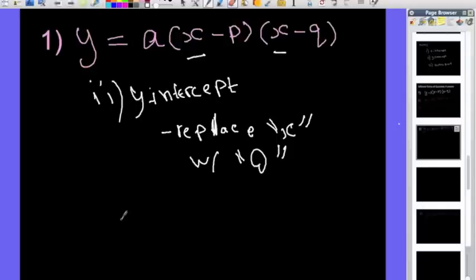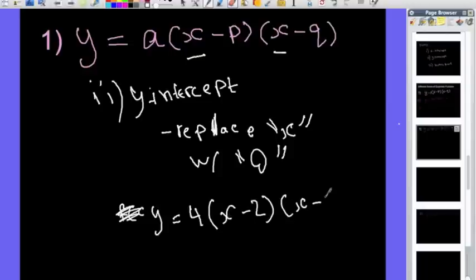Okay, let's try it out. So f of x, which means y, equals 4 times (x minus 2) times (x plus 3). This would mean 4 times (0 minus 2) times (0 plus 3).